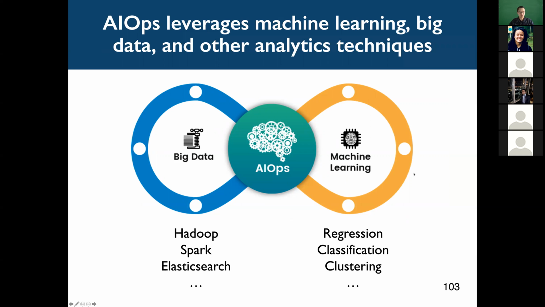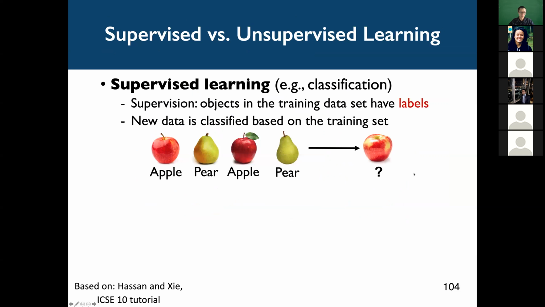The first thing we want to discuss is the different types of machine learning. The first type is supervised learning. What is supervised learning? The objects in the training data have labels.